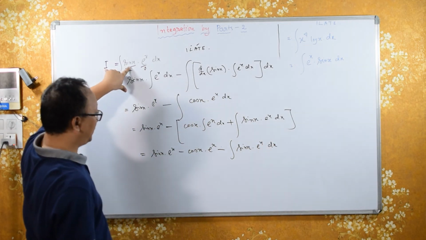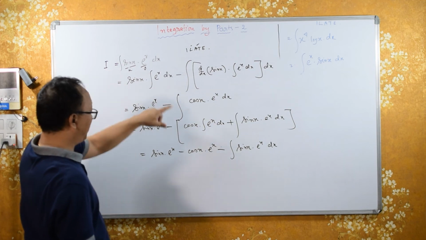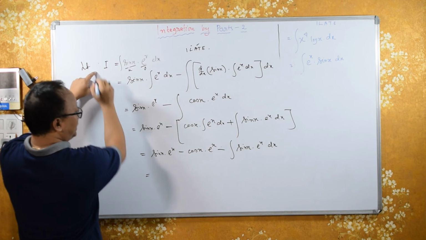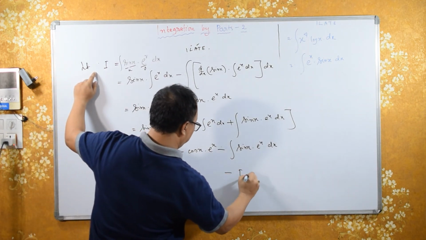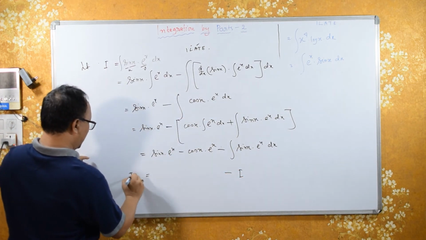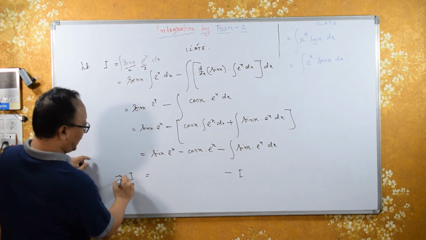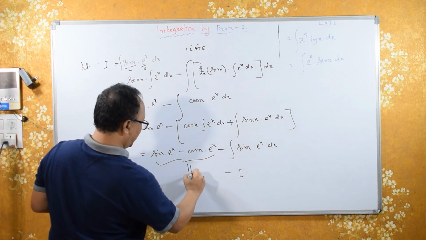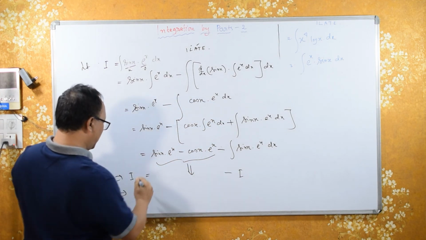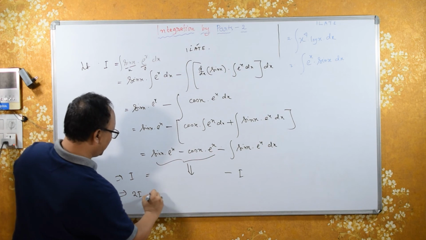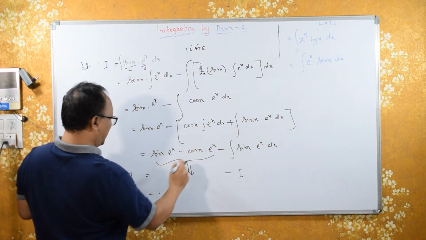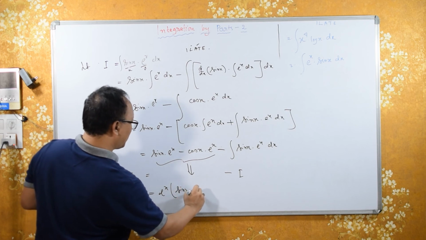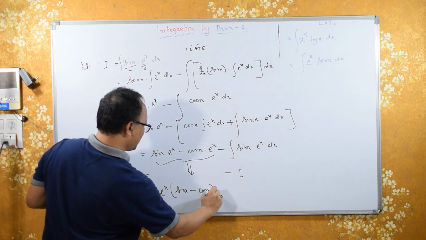Now this is the same as over here. Okay, I can keep this as something like, this is I, I already said let I be this, therefore this will become I. Okay, so on the right hand side we have another I, this becomes the same, bring it over here, this plus becomes minus, therefore 2I is equal to, here I can take e raised to x common, e raised to x times sine of x minus cos x.